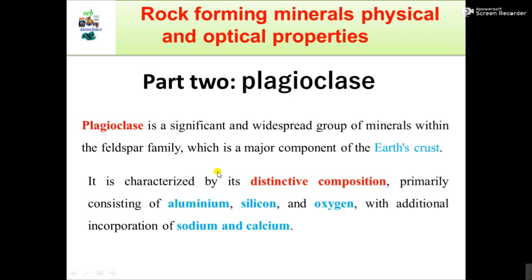In the continuous series, plagioclase is formed at high temperature calcium rich, that's anorthite, and at low temperature sodium rich plagioclase is formed. So the main chemical composition of plagioclase is aluminum, silicon, and oxygen with additional sodium and calcium elements.